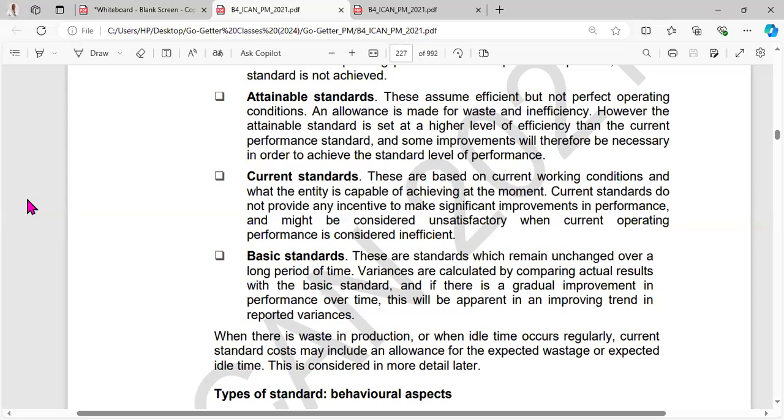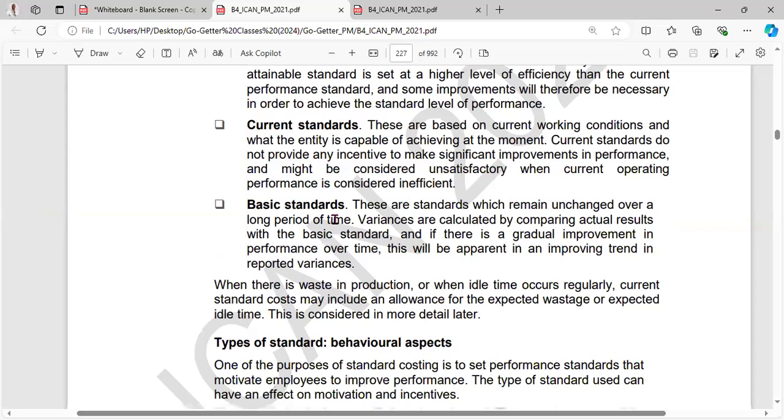The costs also might be basic, but sometimes inflation, currency exchange, and other things might affect. But these basic standards are expected to remain for a long time. So these are the four types of standards we'll be talking about in the exam.